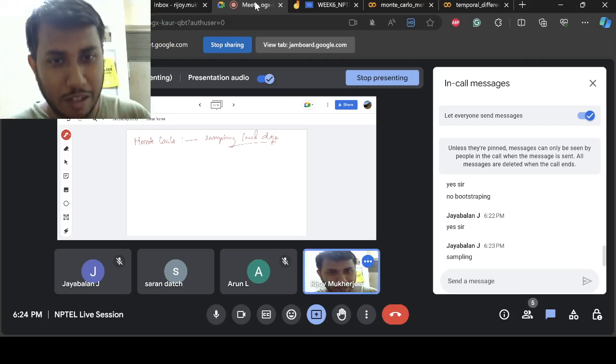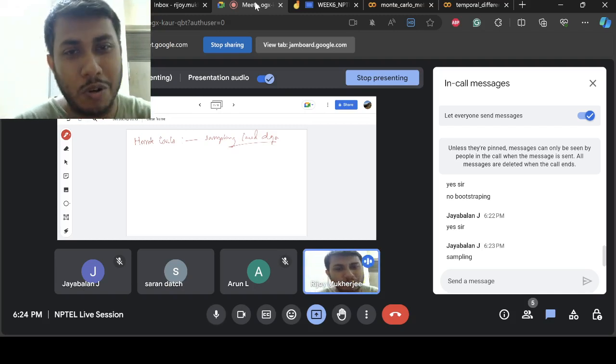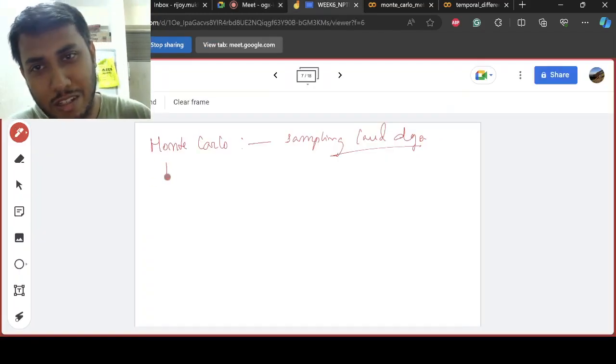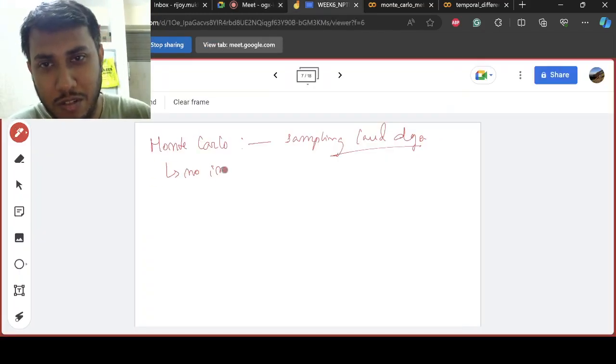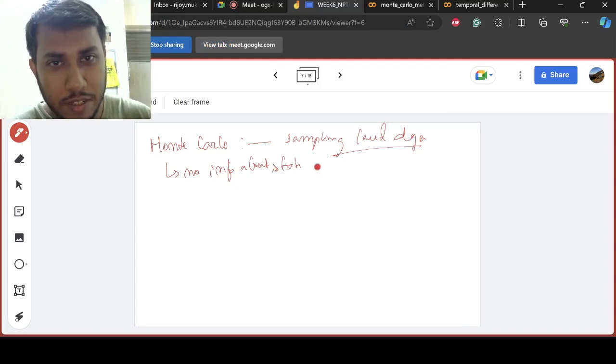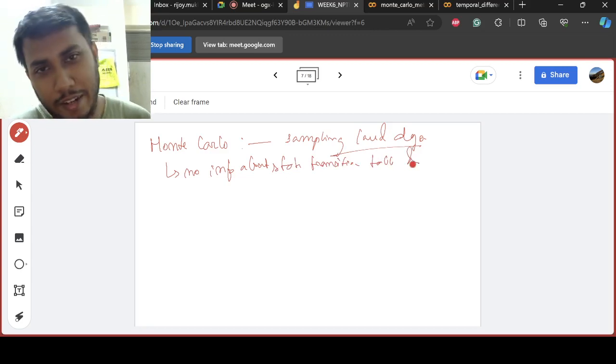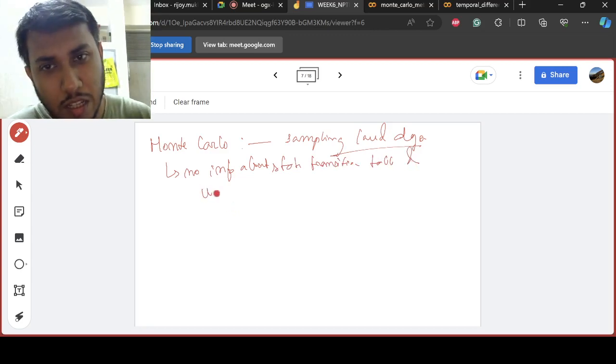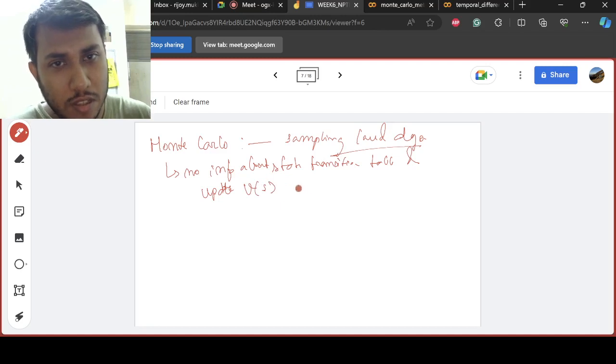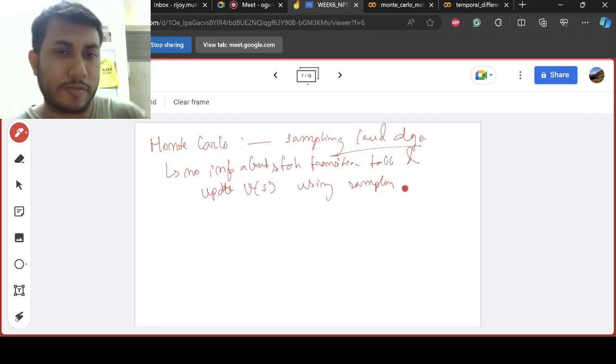So this assumes that you don't have the transition table. You don't know anything about the state transition table, and you update V using sampling, right?